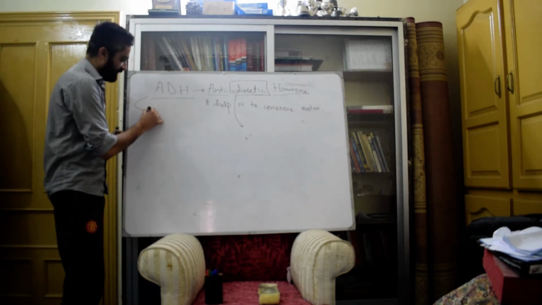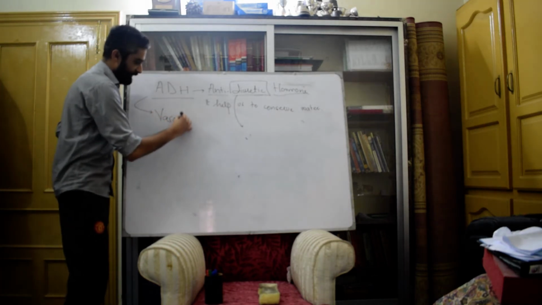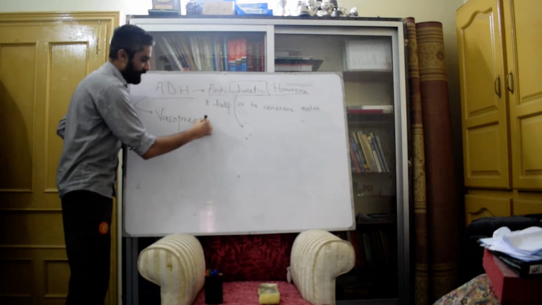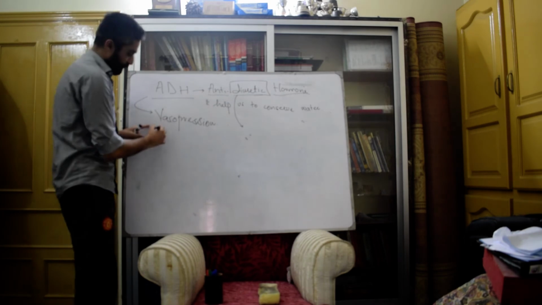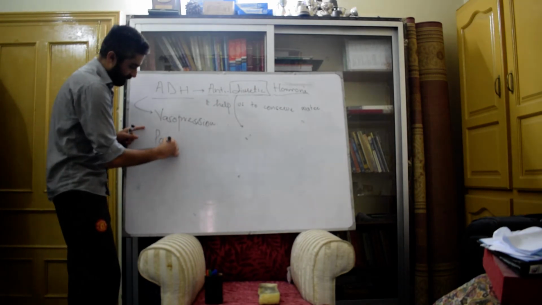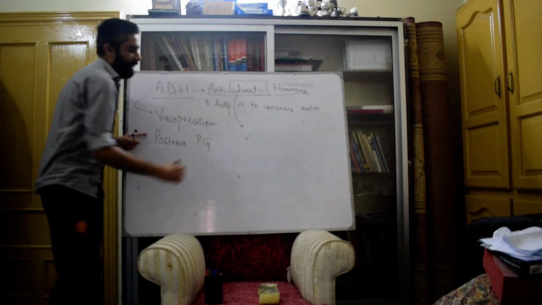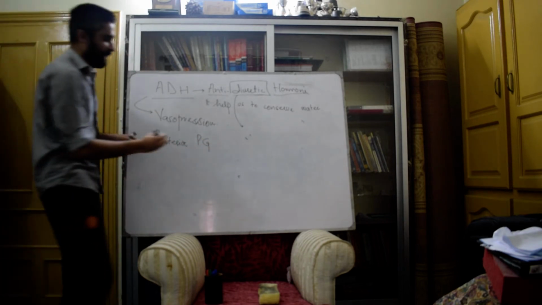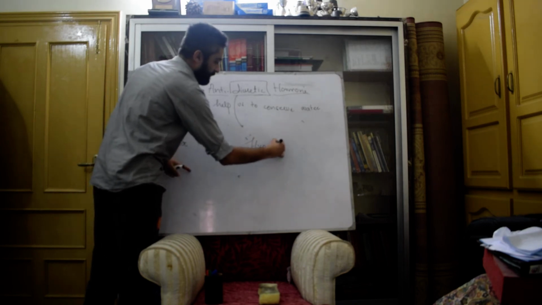The second name of the ADH hormone is vasopressin. ADH is secreted from the posterior pituitary gland, but it is synthesized in the hypothalamus. Where in the hypothalamus?